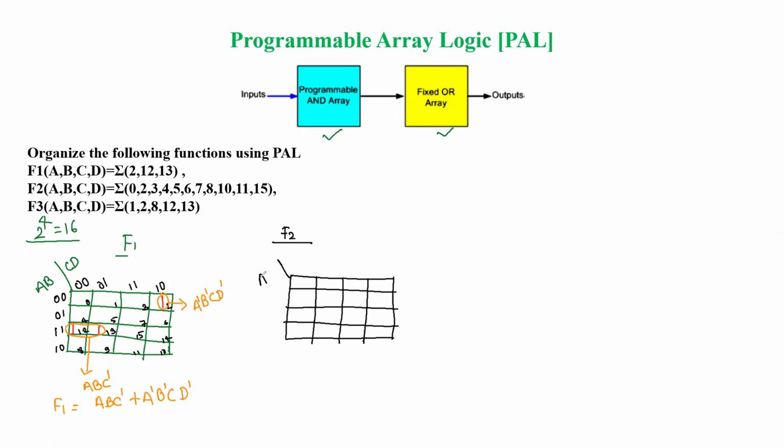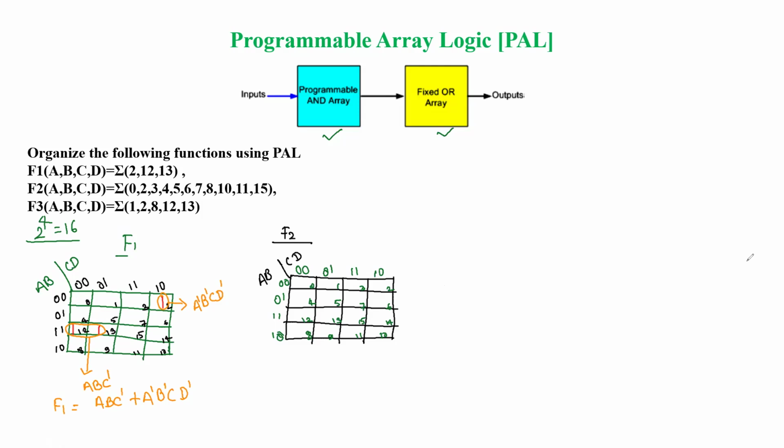So here the inputs are A, B, and this side we have C, D. Finally, we represent these variables as 00, 01, 11, 10, and this side also 00, 01, 11, 10. And for our reference, inside we represent the min terms 0, 1, 2, 3, 4, 5, 6, 7, and after that 8, 9, 10, 11, 12, 13, 14, 15.